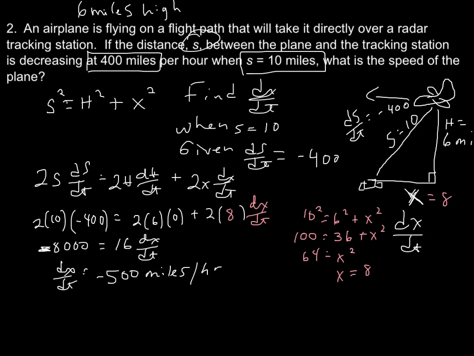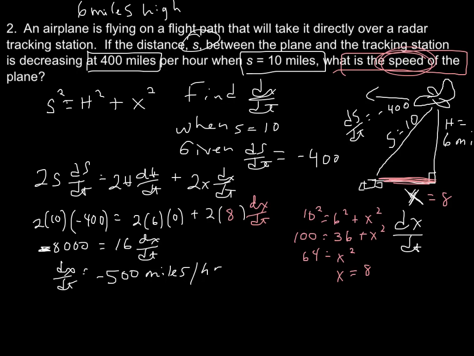It makes sense in the problem that this velocity is negative because x represented the distance horizontally between the plane and the radar station, and the plane is getting closer to the radar station. So that distance is shrinking, therefore the velocity would be negative. But we have to answer the question the way it's being asked, and it's asking what is the speed. So we've got to answer the question in terms of speed.